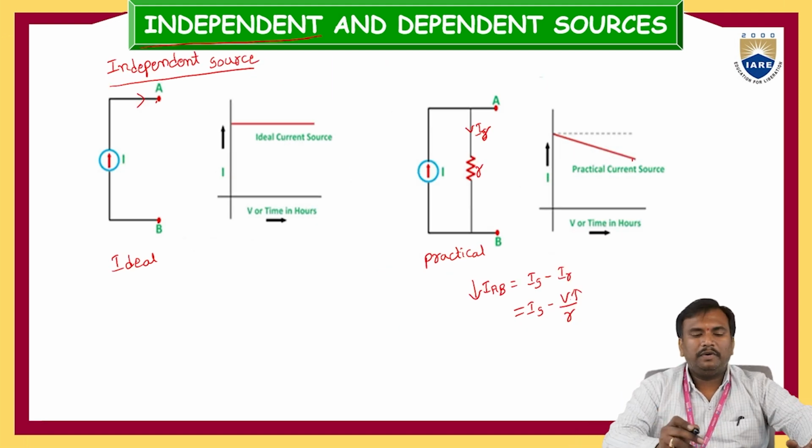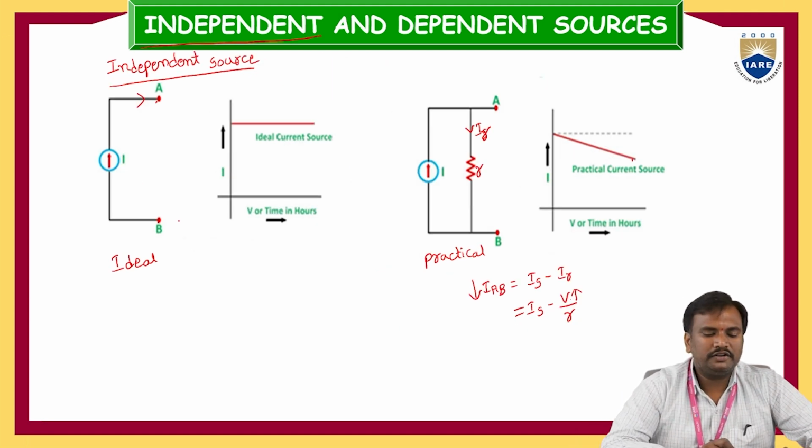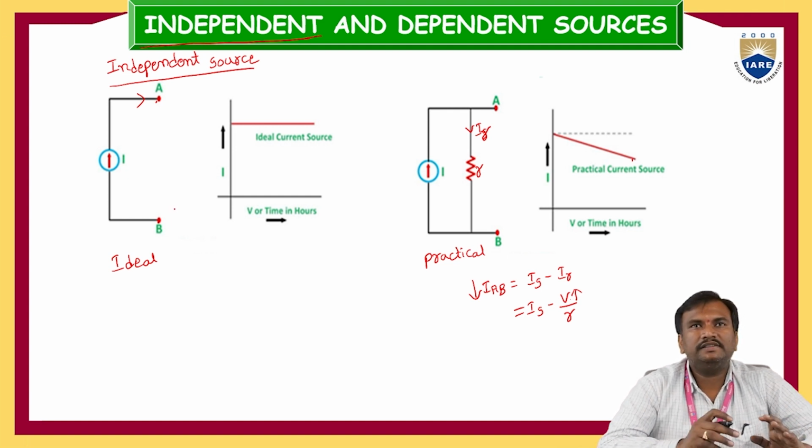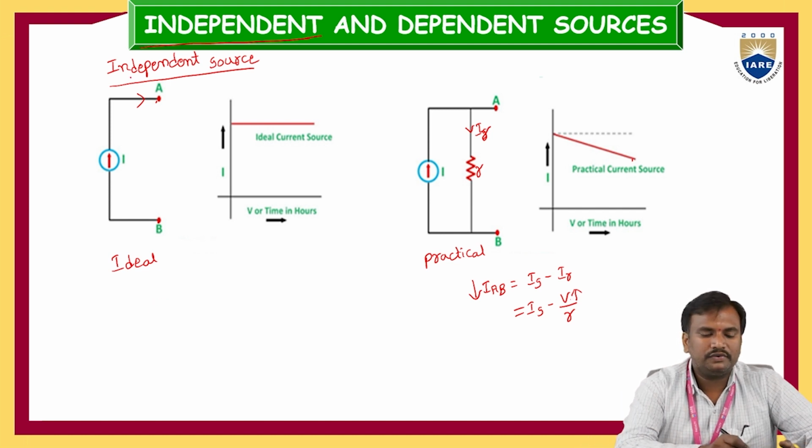The next independent source is the current source. The current source is also independent of the circuit. There is no dependency in the independent current source. Again, these are classified into two types, ideal and practical current source.